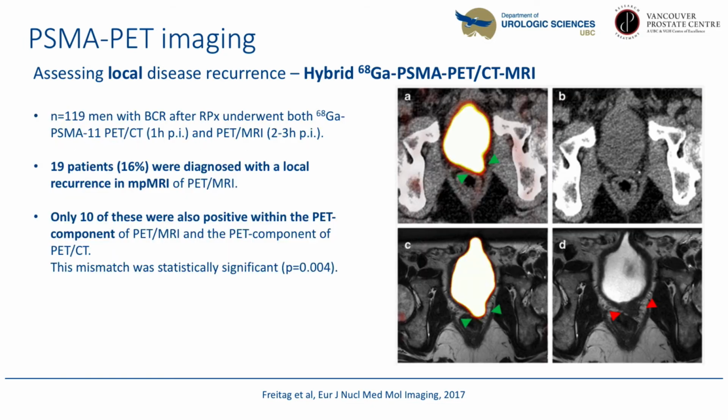In summary, in this study, they looked at 190 men with biochemical recurrence after radical prostatectomy, and 19 of these patients were diagnosed with local recurrence. However, only 10 of these were also positive within the PET component, and that's actually a statistically significant mismatch. You can see another example of one of those scans on the left.